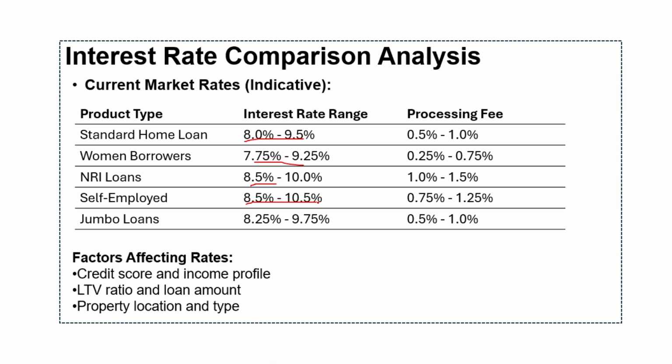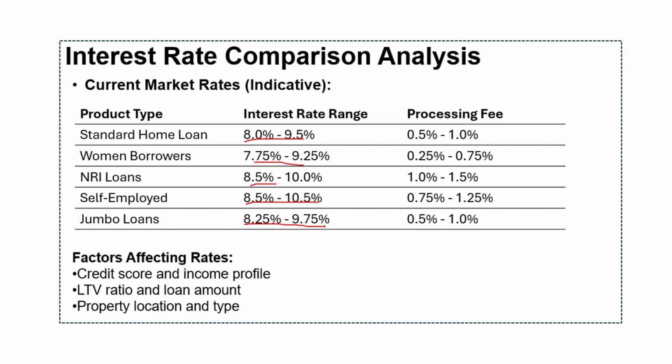Because of this income volatility and documentation challenges, they are charged higher rates. And then we have jumbo loans, which are given to above 75 lakhs. In that case also, the rates can vary a lot, but they are also generally on the higher side even compared to standard home loans.